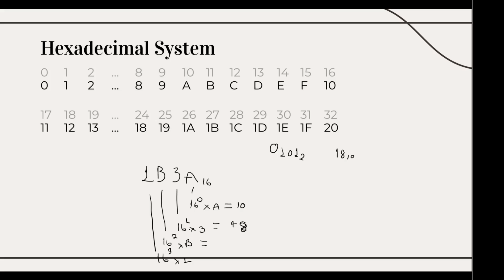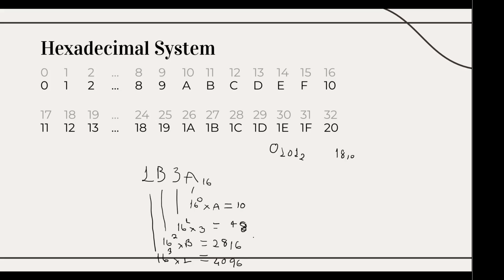I'm having the help of a calculator now because we're getting slightly bigger numbers. We have 2,816, and then we have 16 to the power of 3, which is 4,096 times 1. So there you go.